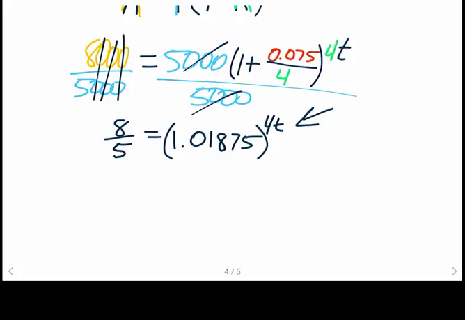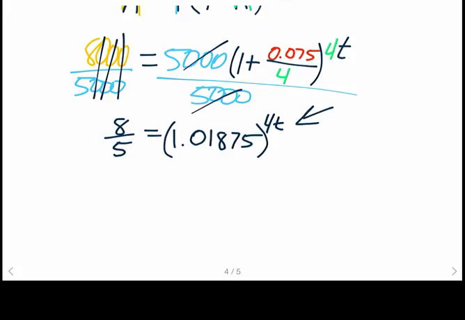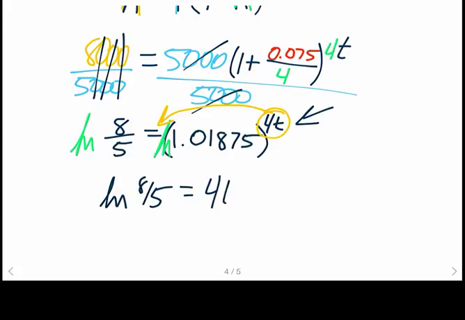I'd have to use the change of base formula, rather avoid that. So I'm going to find the natural log of both sides. Well, not find it, but apply. And then the exponent, the 4t, I'm going to bring that out front as a coefficient. So we have natural log of 8/5 is equal to 4t times the natural log of 1.01875.